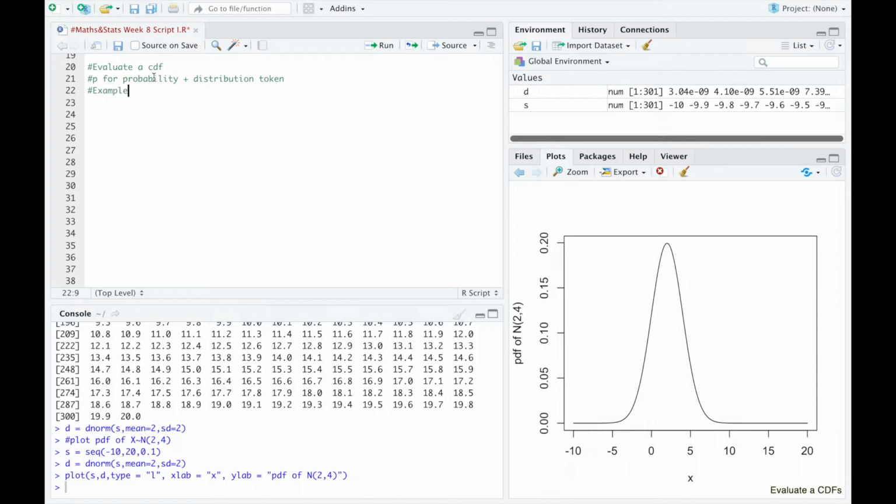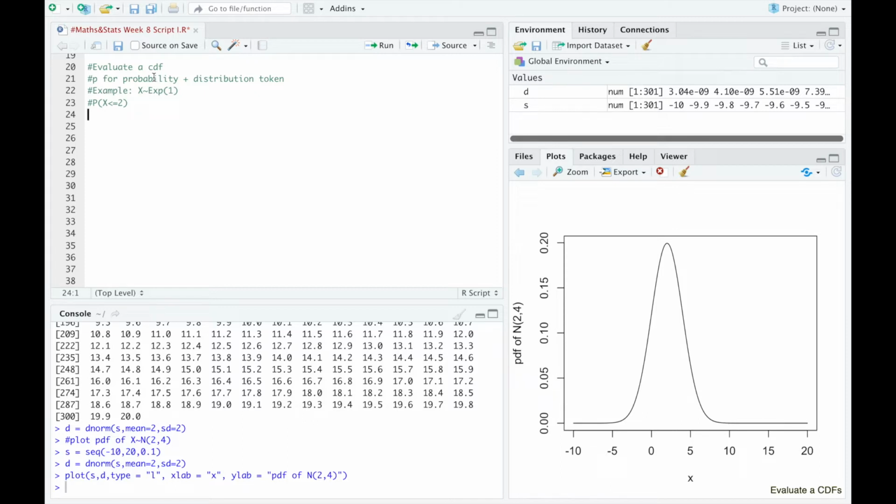So the example is if x is distributed according to an exponential with parameter 1. All right. So, and we want to calculate the CDF at 2. So that will be the probability for x to be lower or equal than 2. Okay. So usually we'd have to calculate the integral. So recall that the PDF of an exponential with rate 1 is just e to the power of minus x.